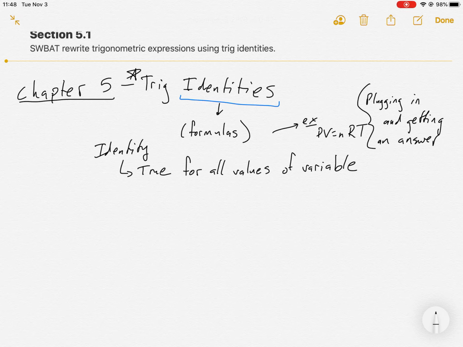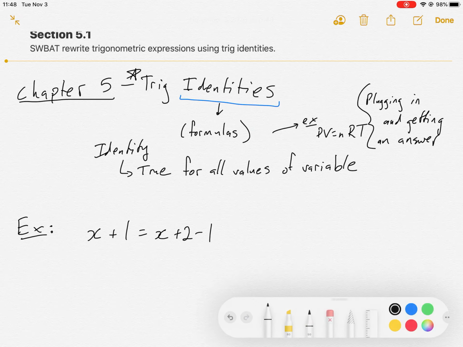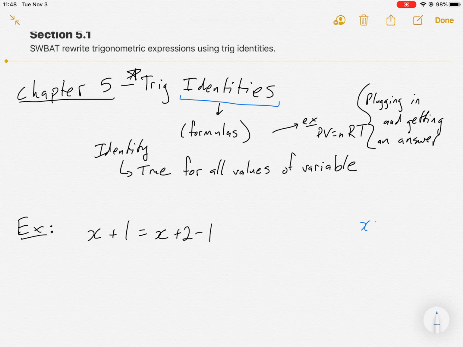So for example, this is going to be a really stupid one, but let's just say I said x plus 1 equals, let's say x plus 2 minus 1. Now notice on the right hand side there, that's really just x plus 1.